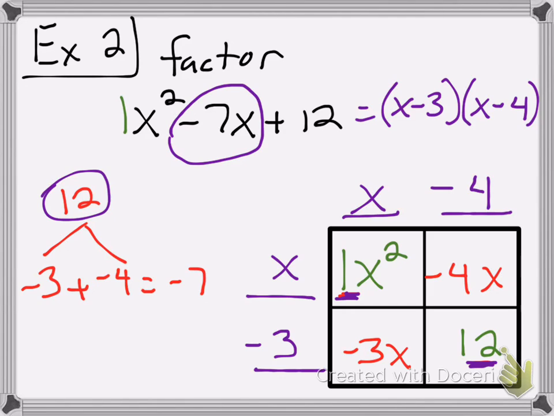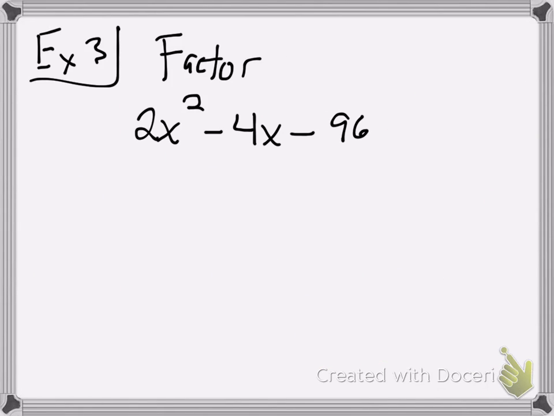So, let's see what happens in this next example. What happens if we have a number in front of the term x squared? I have 2. What I'd like to do is check that first number, the A term.